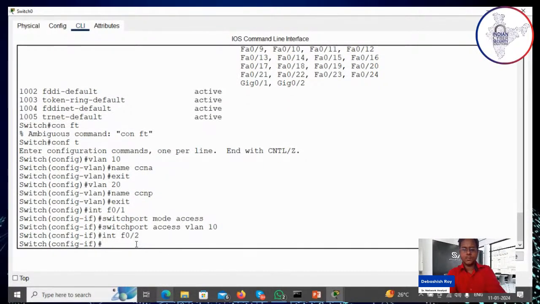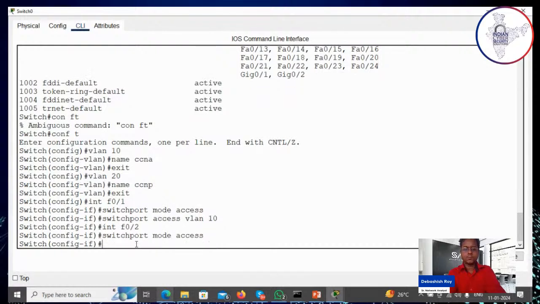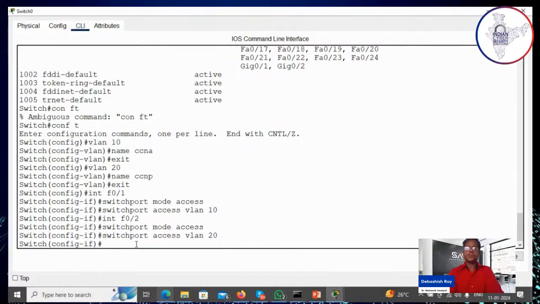Then 0/2: switchport mode access, switchport access vlan 20. We cannot use VLAN 1 here, but we can use from VLAN 2. I am creating VLAN 10 and 20, and I am assigning the VLANs to the ports.